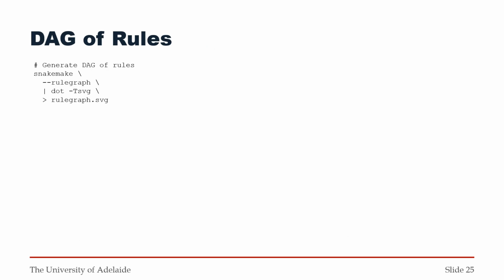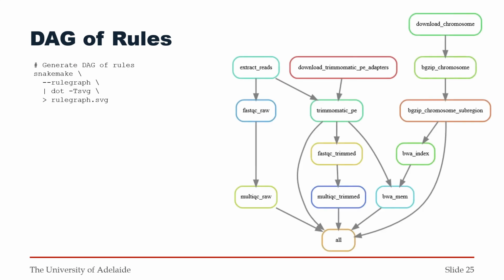So there is also another graph that you can produce, which is a graph of the rules rather than a graph of the jobs. This generates a more simplified graph structure, but it doesn't contain the same level of information. Here you just have the rule names and how they depend on each other, not the actual jobs themselves.